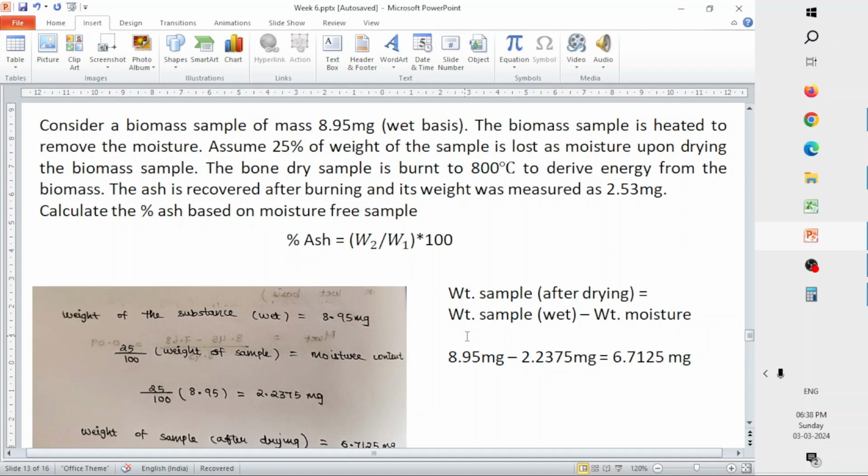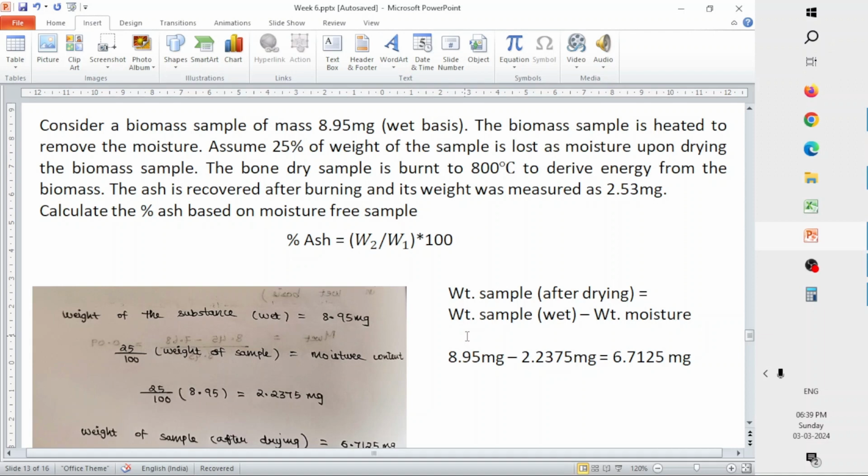Now you are going to take this dry biomass sample and burn it at 800 degrees Celsius so that you can actually get energy from it. Once you start burning, it will give you energy. Now you are recovering the ash. Once you burn it to 800 degrees Celsius, almost all the carbon based components will be lost from the biomass.